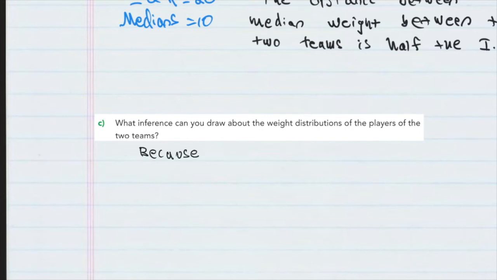But I would say that because the difference in medians and interquartile range is about 50%, team A is going to be heavier.